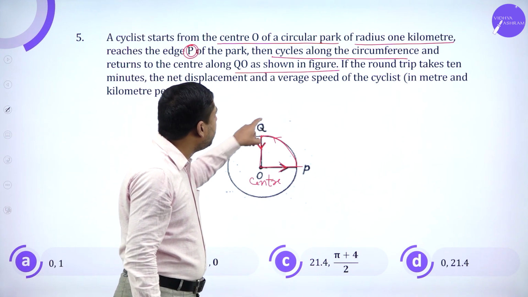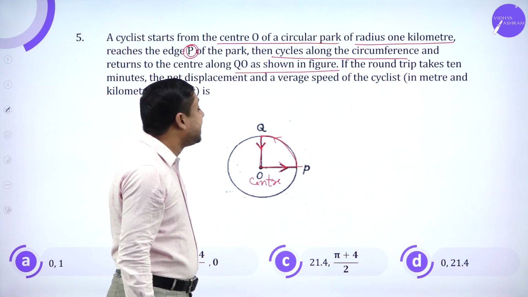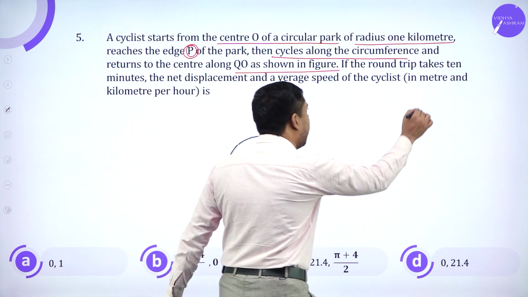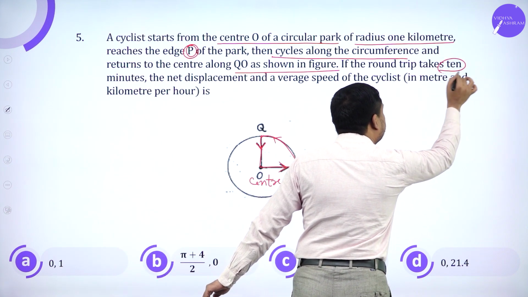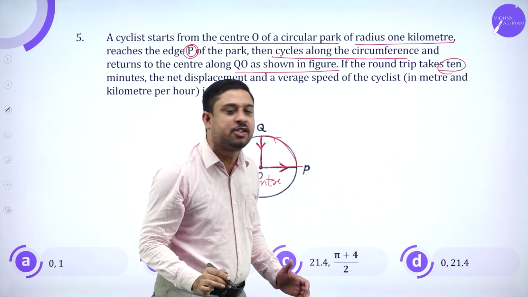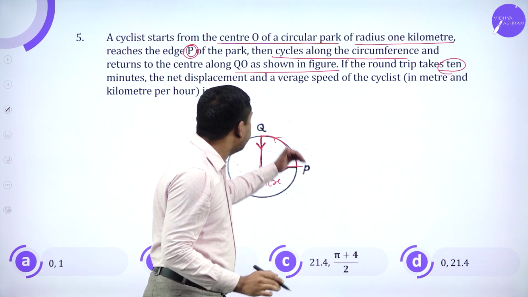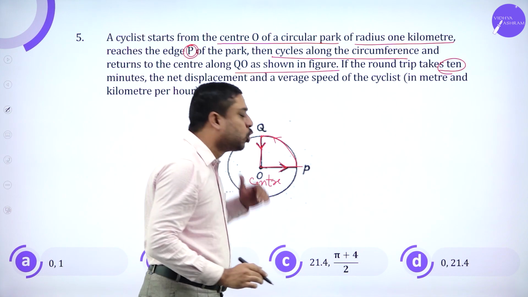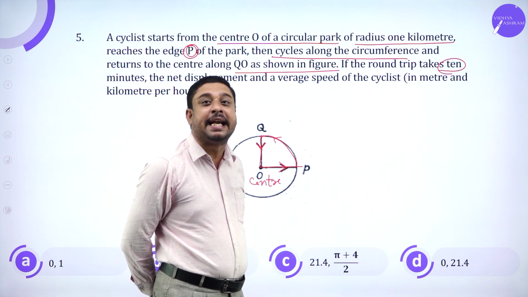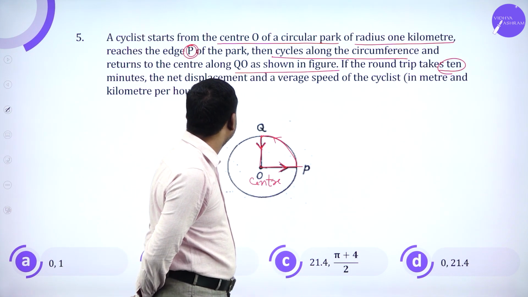If the round trip takes 10 minutes, that is, to travel this total distance O to P, P to Q, Q to O, he is taking 10 minutes.